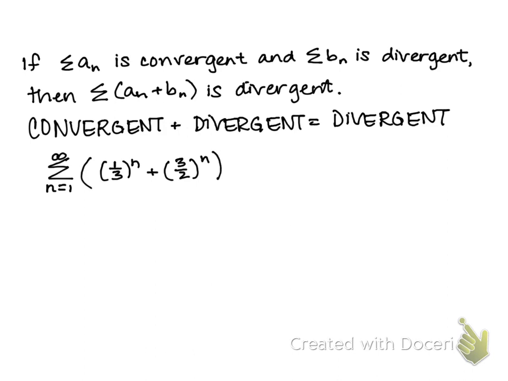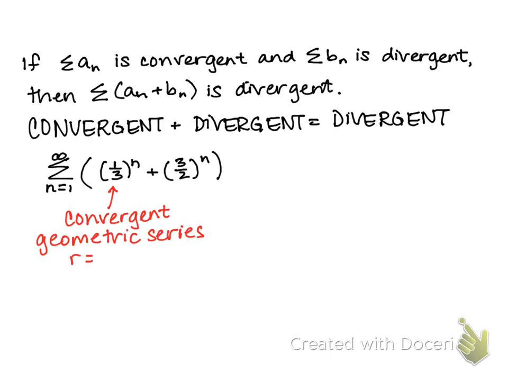Okay, so if I were trying to determine the convergence or divergence of this series, I would say that the series of just this first term is convergent because this is a geometric series with r equal to 1/3, which is less than 1.